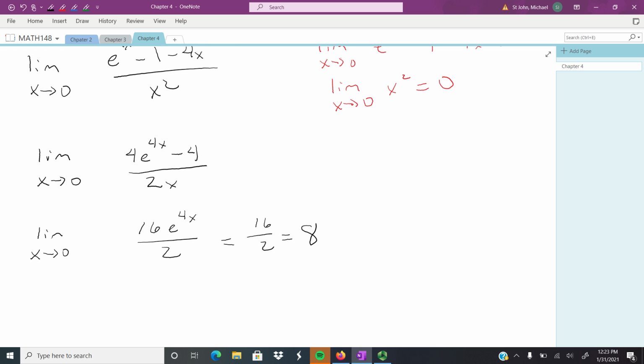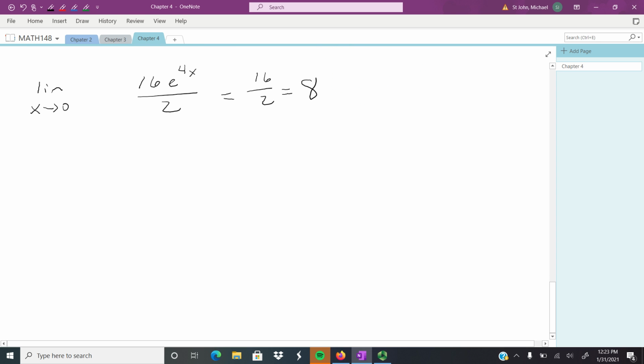We can also do the same thing when we're talking about infinity. So the limit as x goes to infinity of 3x squared plus 5x over 4x cubed plus 7, right? So we can do the same thing here.